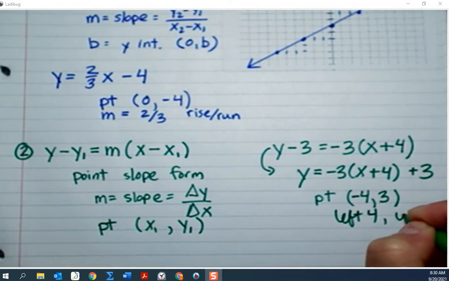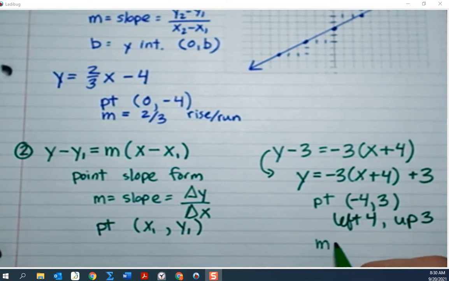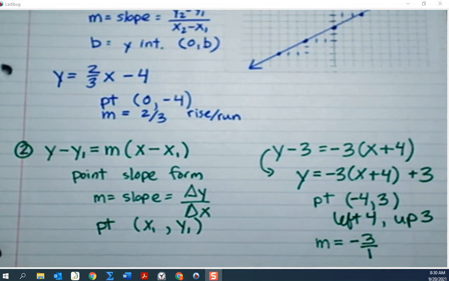Left 4, up 3. That's my starting point. What's my slope? My slope is, and I'm going to write it, negative 3 over 1 so that I can see the rise and the run. When you have just a number, put it over 1 so you have a rise and a run.